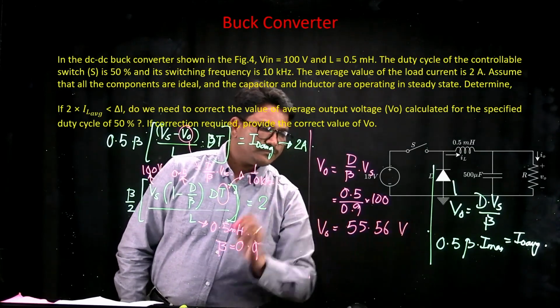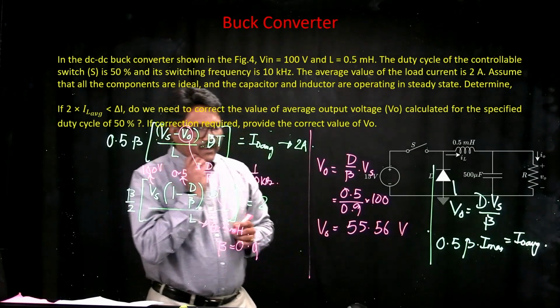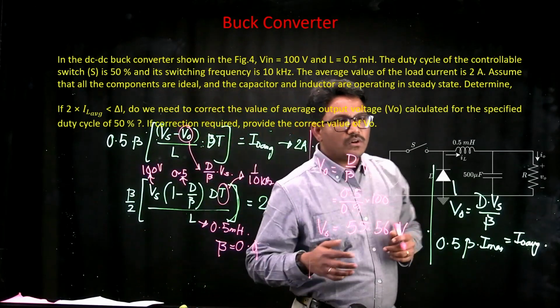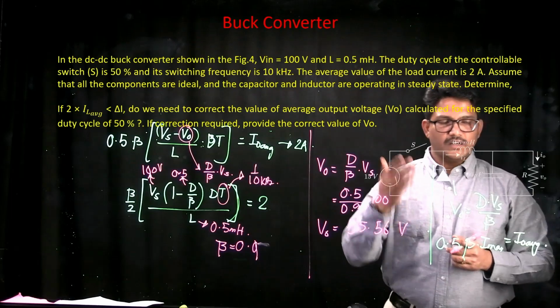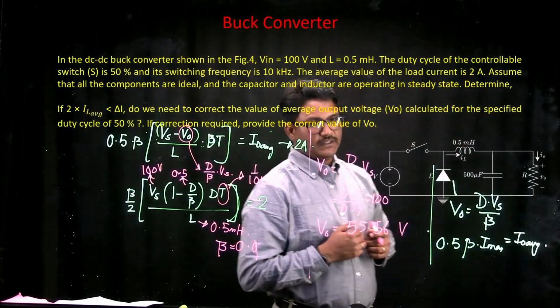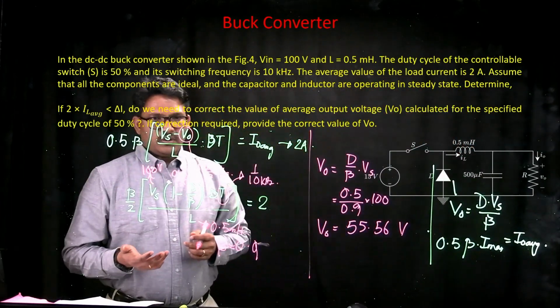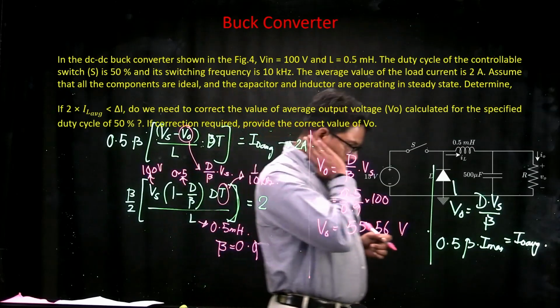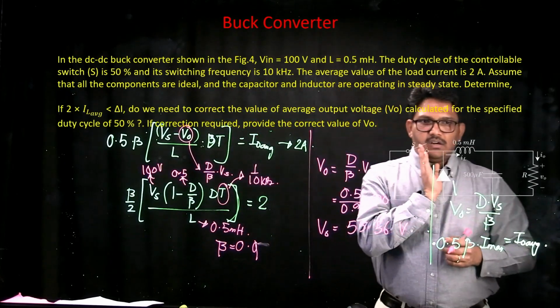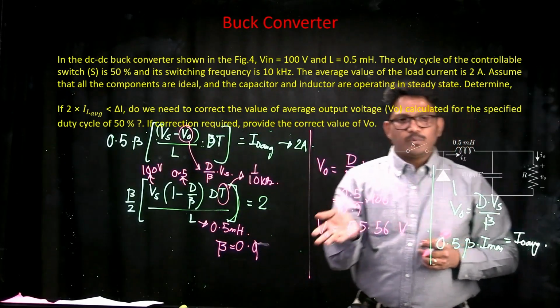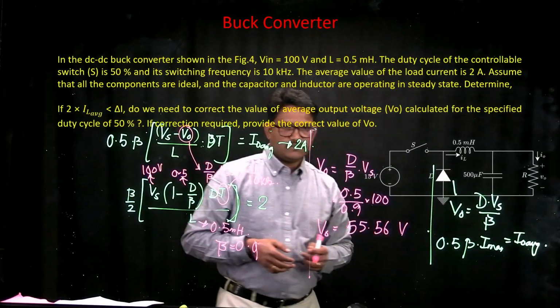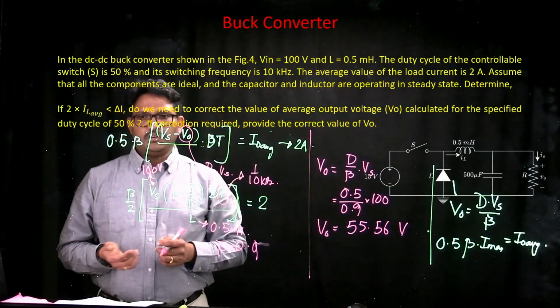This is V naught. Now, we have seen that in the case of continuous conduction mode, we had output voltage for a duty cycle of 50% as 50 volts. But due to the discontinuous conduction mode, we have the same duty cycle, but the output voltage is 55.56. But the problem here is your current is going to be discontinuous.